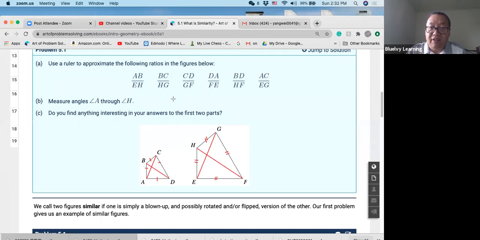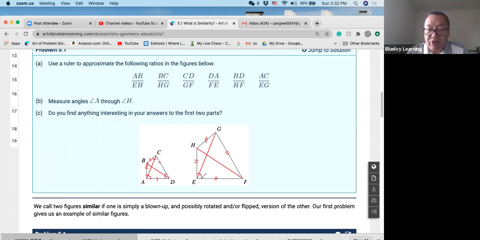Then you can measure each of their angles. What is angle A? What is angle B? What is angle C? What is angle D?